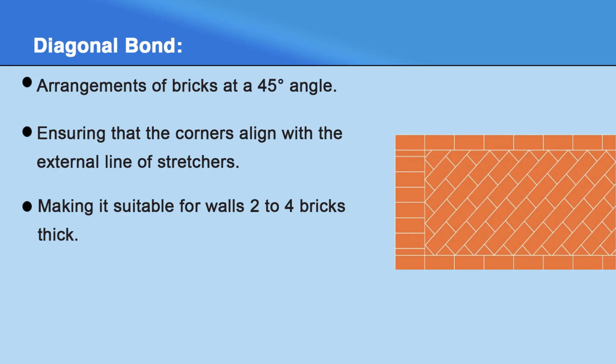The diagonal arrangement of bricks ensures that the corner of each brick aligns precisely with the external edges of the stretcher laid in adjacent courses. This alignment not only reinforces the bond between the bricks, but also enhances the wall's ability to resist lateral forces, making it suitable for structural applications where stability is critical.